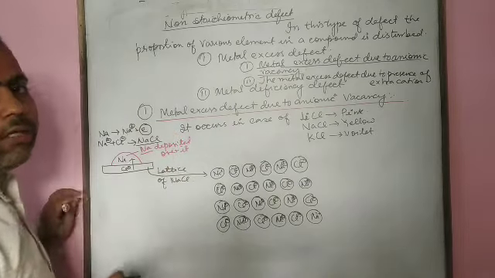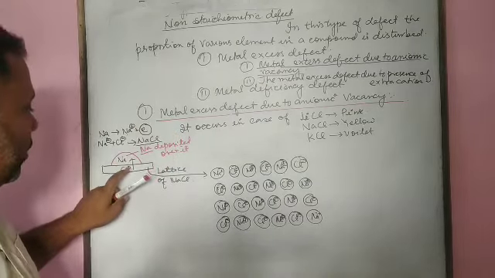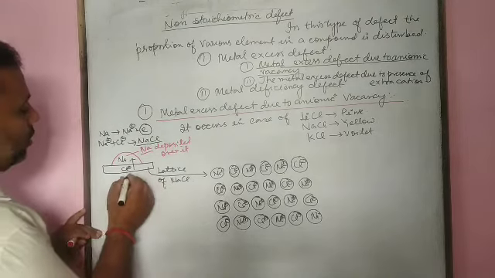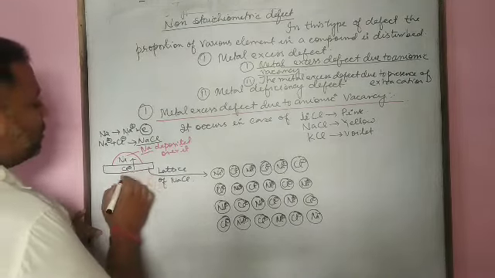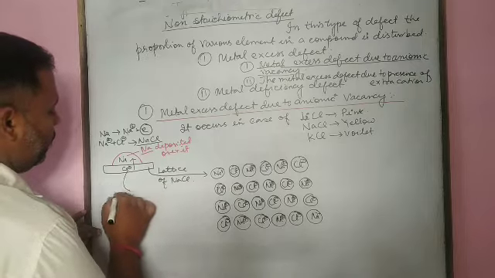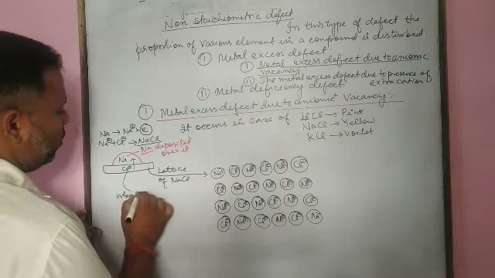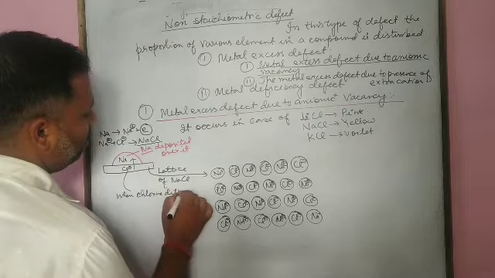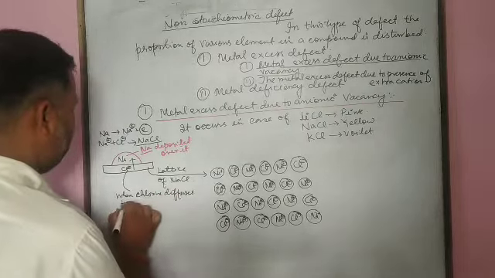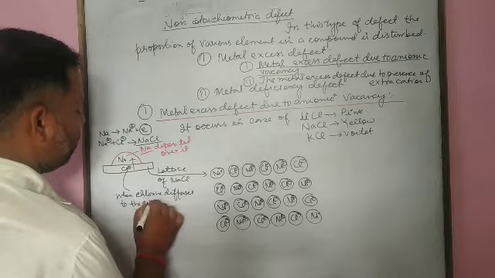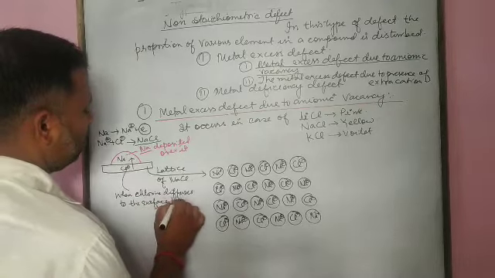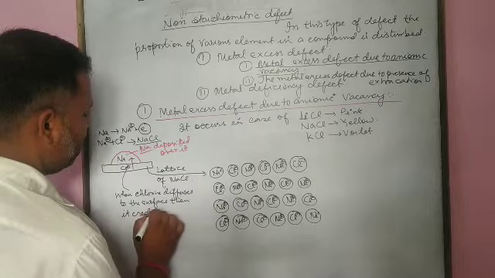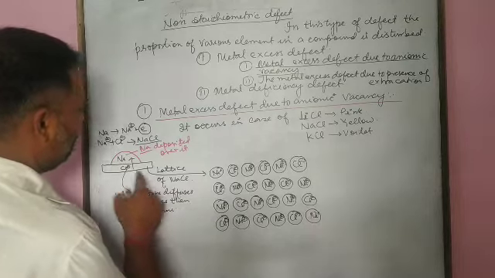In this site, this electron diffuses into the anionic vacancy. When the chlorine diffuses to the surface, then it creates what?